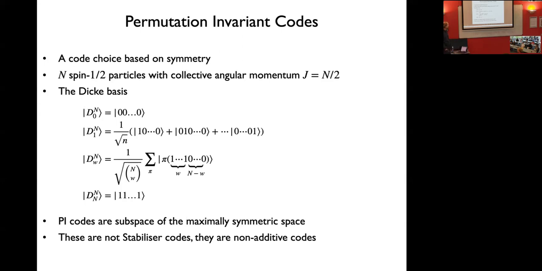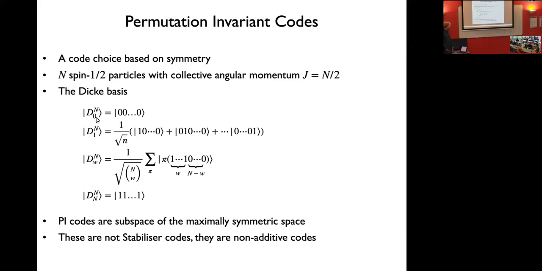So it's the set of states where you have a label here. n refers to the total number of physical qubits, and the label w refers to the Hamming weight. So it's permutation symmetric states, evenly weighted sums over states with the same Hamming weight.